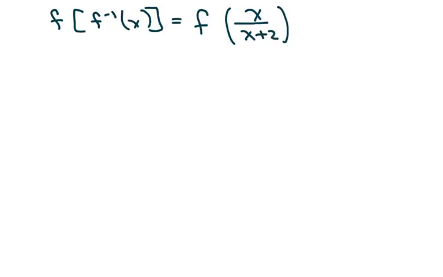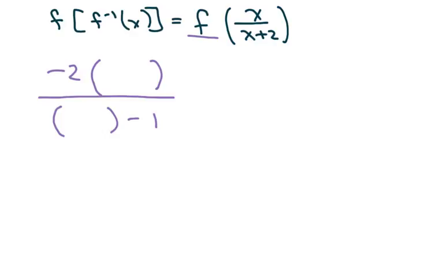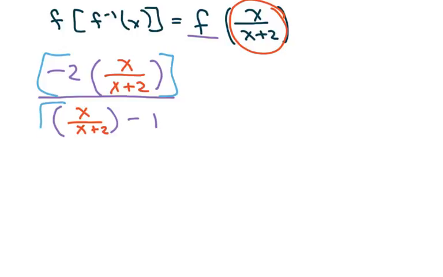I'm going to write down my outer function, negative 2 times x, then x minus 1, and my x happens to be my inverse, x over x plus 2. To make this easier, we're going to clear the fractions by multiplying the numerator and the denominator by x plus 2.